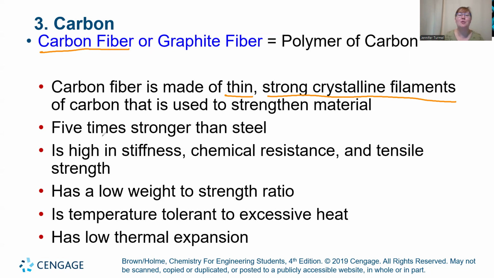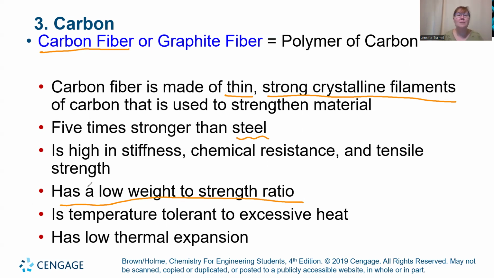Carbon can be 5 times stronger than steel. It's high in stiffness, chemical resistance, and tensile strength. Those are the things you want in building materials. But what's really interesting is it has a really low weight to strength ratio. So steel is really heavy.